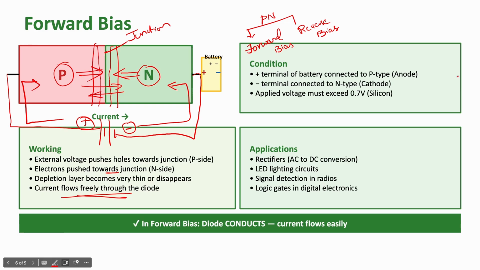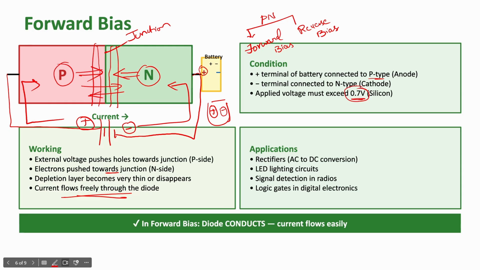Coming to the condition, the positive terminal of the battery is connected to the p-type. I already discussed what the condition is here. The positive terminal is connected to the p-type and the negative terminal is connected to the n-type. The applied voltage must exceed 0.7 volts.